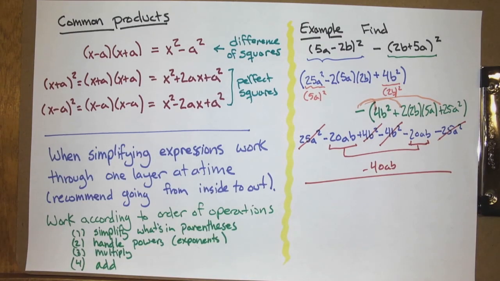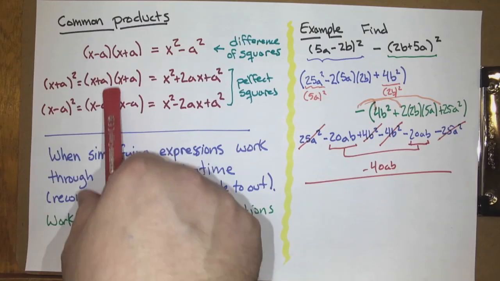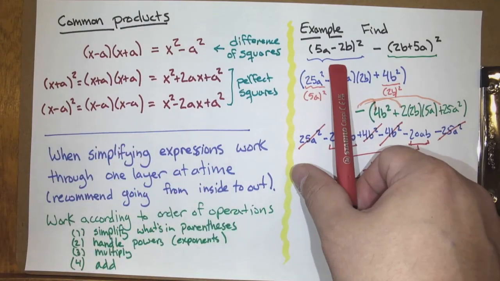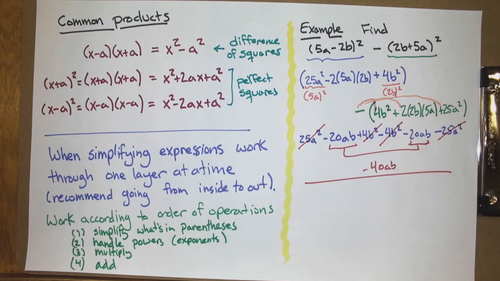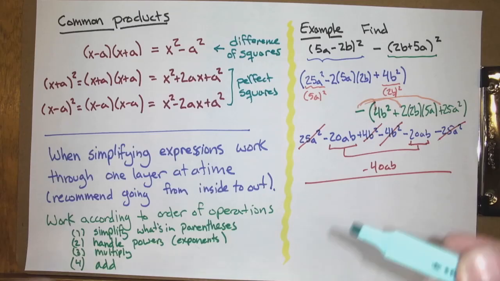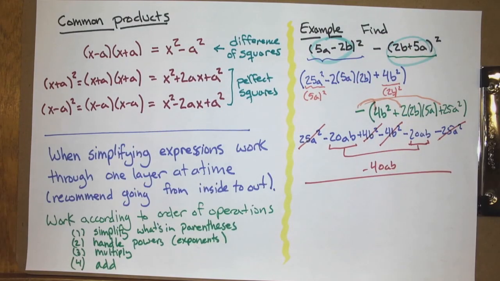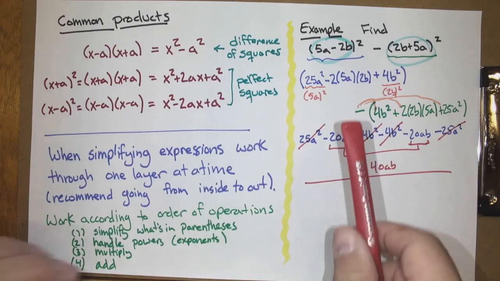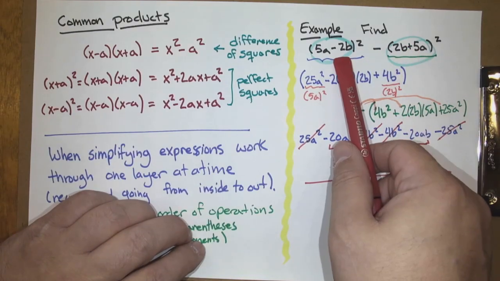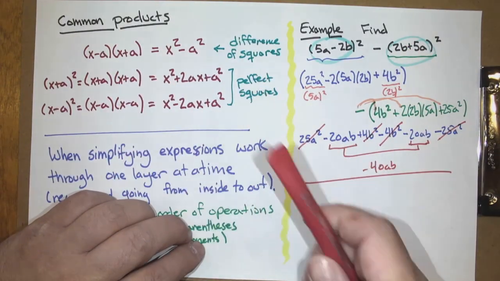So in the interest of time, we used the perfect squares to expand. But what else do you see here? It's blah squared, blah squared. So what else do you have? This is also a difference of squares.